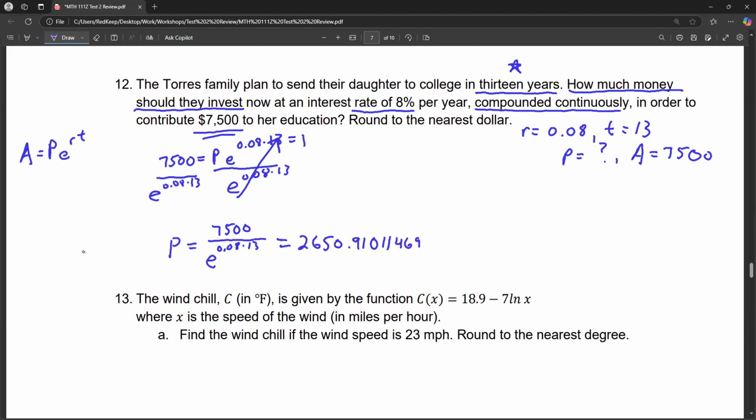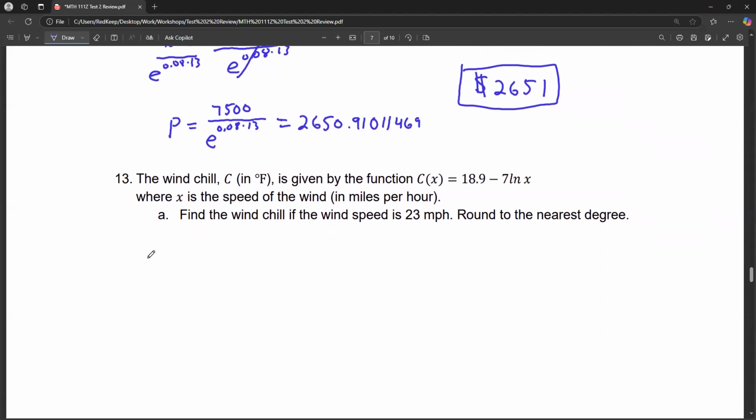They are telling us to round to the nearest dollar, so this is going to be rounded to $2,651. My mistake. You might answer in a sentence, saying something like the Torres family should invest $2,651.